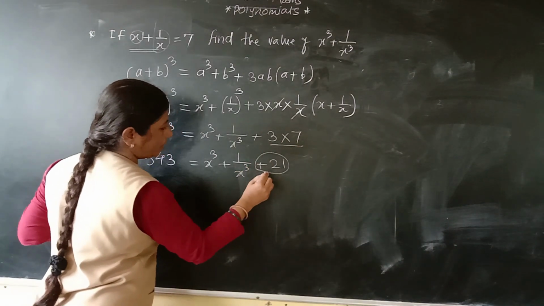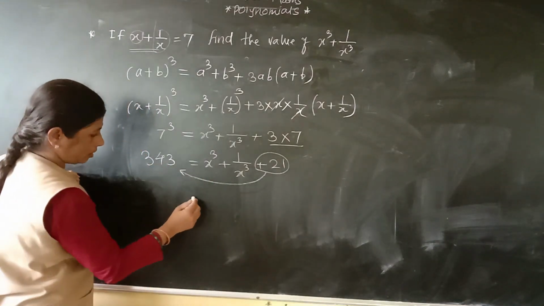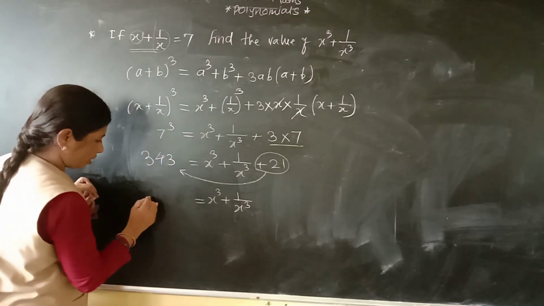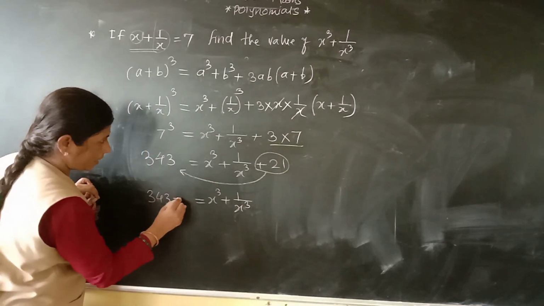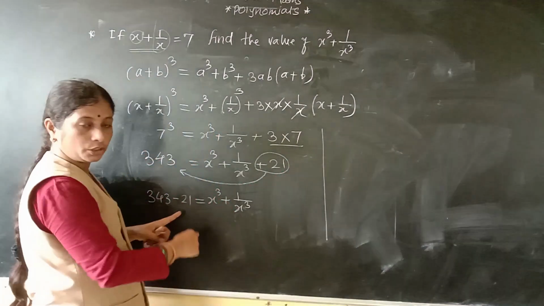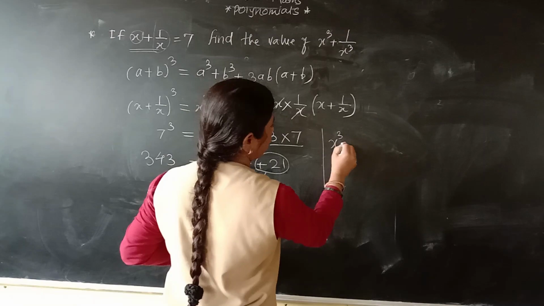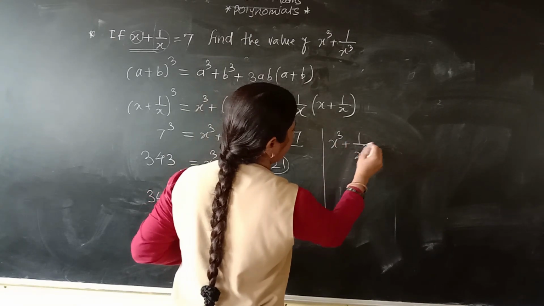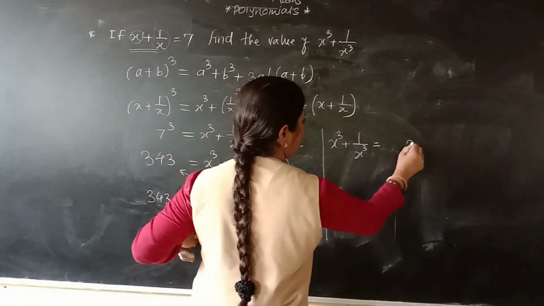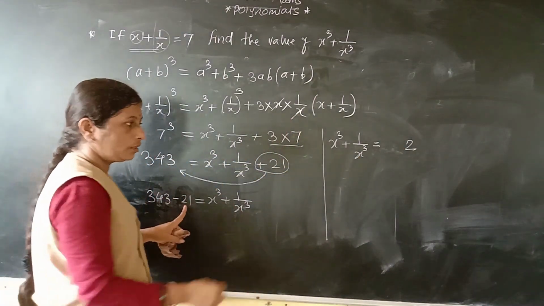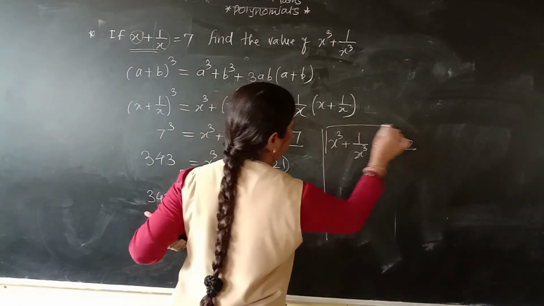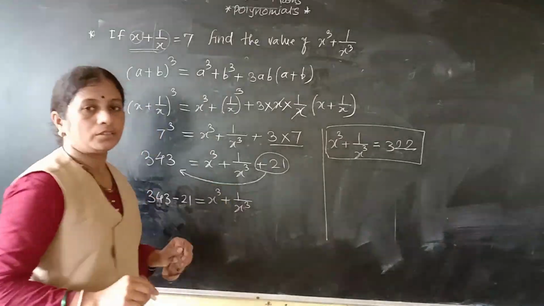Now this plus 21 will come here for subtraction, so you will get only x cube plus 1 by x cube. So here 343 minus 21, right? So finally the value of x cube plus 1 by x cube is 3 minus 1 it is 2, then 4 minus 2 is 2, and here this is 3, so 322. Understood?